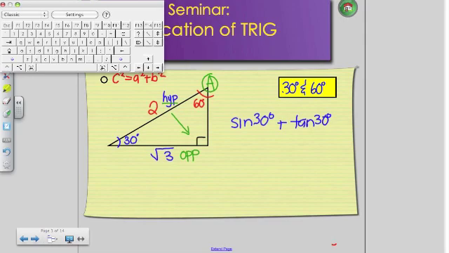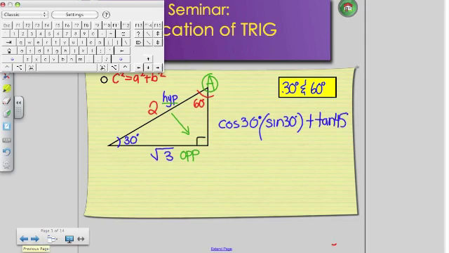Okay, I'm going to take the cosine of 30 degrees, and we're going to multiply that by sine 30. I don't know how to get that out of here. Okay, let's continue. And then we're going to add, let's say, tan 45 to the mix.